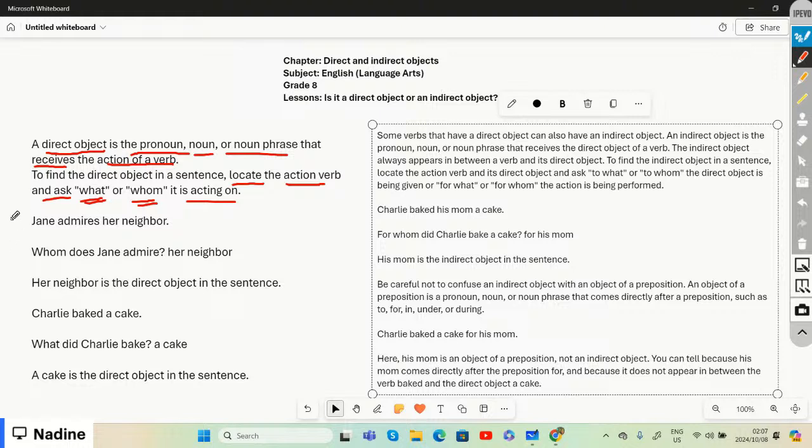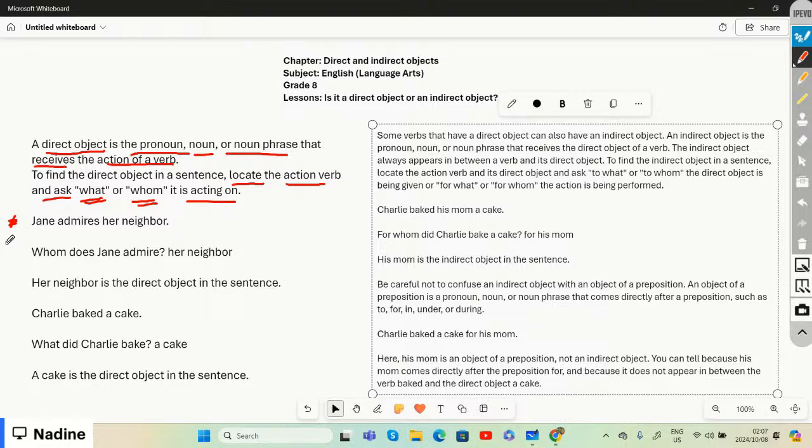If we look at an example, it says, Jane admires her neighbor. Remember we said we need to ask ourselves whom or what it is acting on.